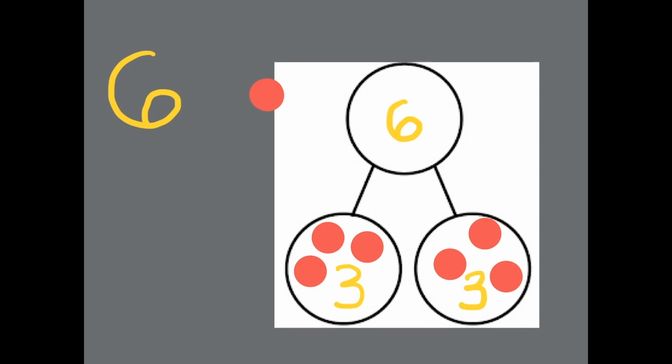So if I pull all of my counters off of my number bond, this is what my number bond looks like. We had 6, and 6 can be split up into 2 parts, 3 and 3. Remember, 6 can be split up into 3 and 3.